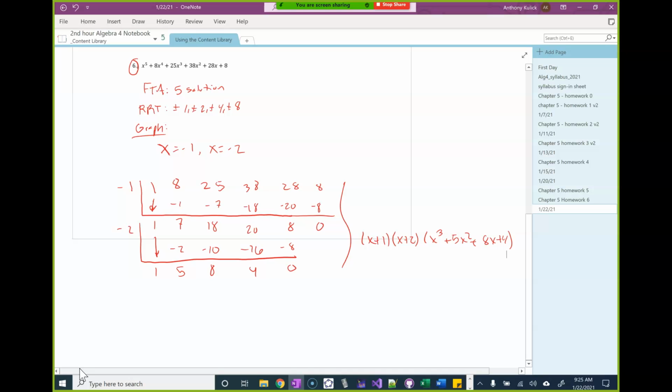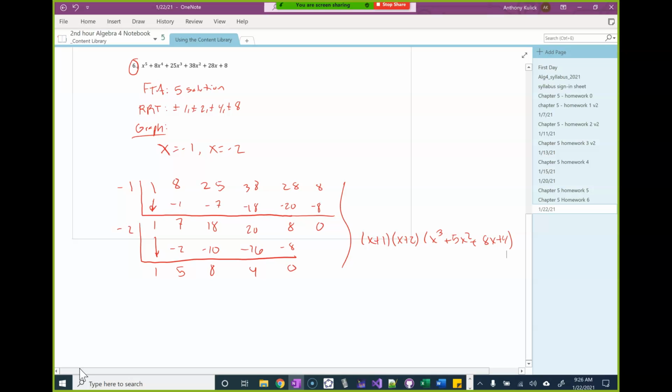So maybe -1 or -2 could be used again. Maybe one of them is a duplicate solution. That could be. It's unlikely there's any irrational things, because we'd still be able to see those x-intercepts for irrational things. They just wouldn't match up to the RRTs that we have. So it's probably one of those two situations, if indeed that is factorable anymore.